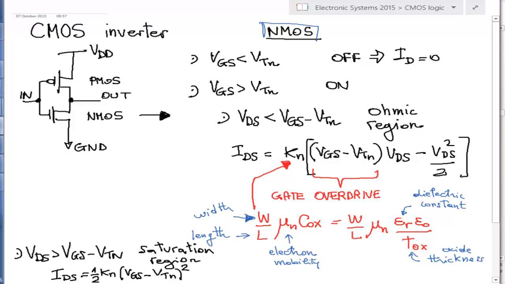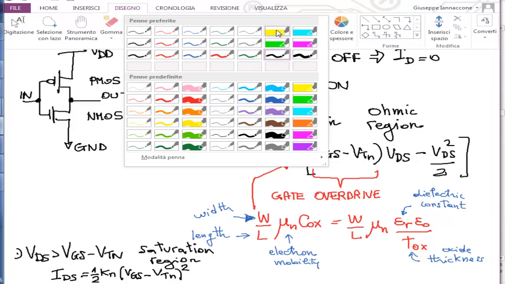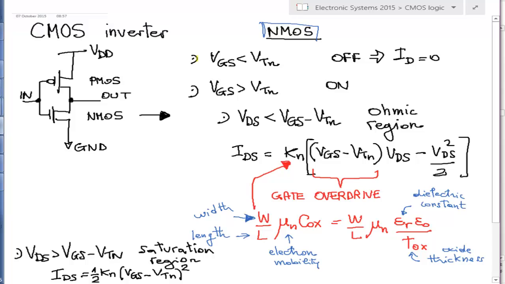Now, so the three operating conditions are 1, 2, and 3. What are the conditions important for us?